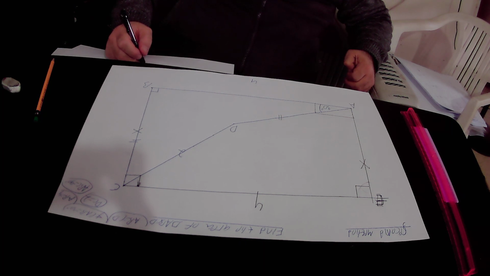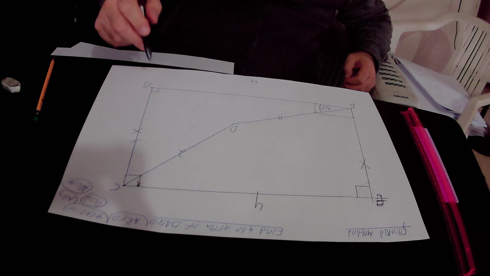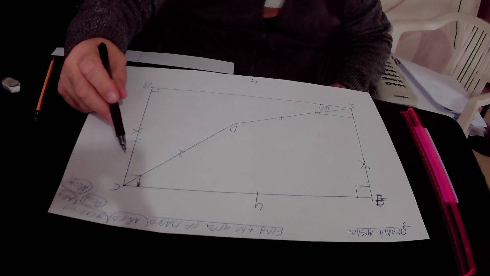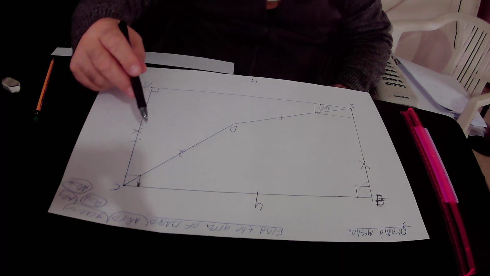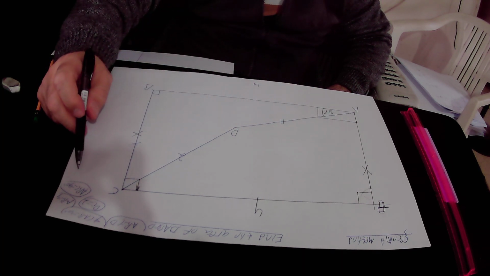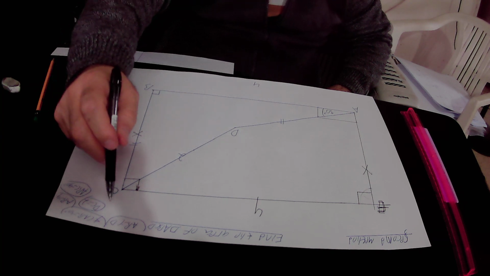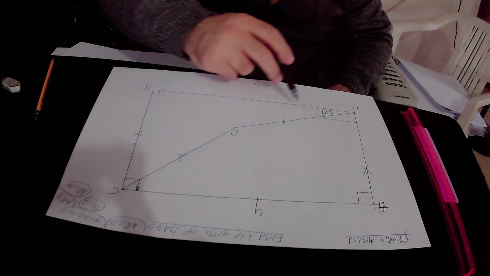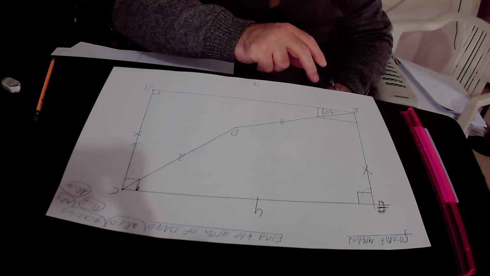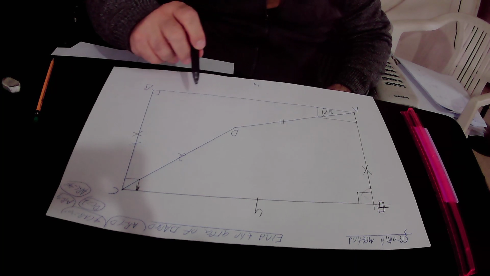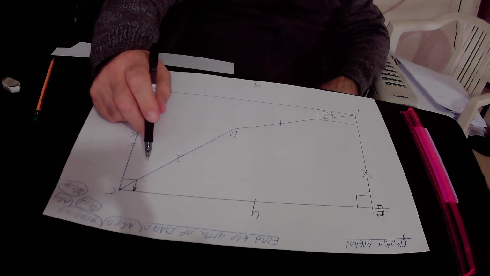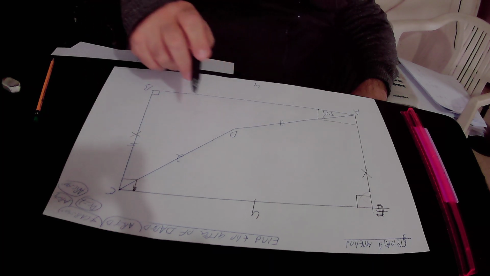And it is given in the question that, actually, what is given in the question is that AD equals CB.